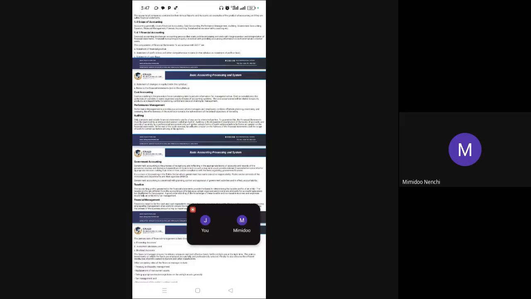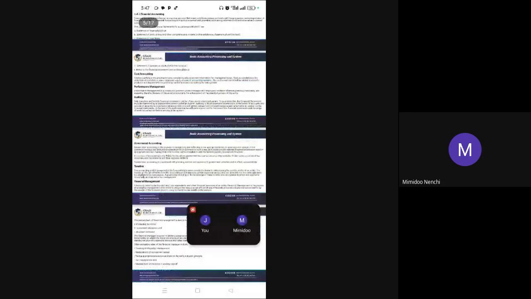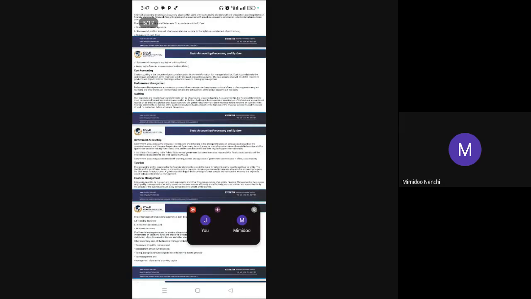Yes. Okay. Now, in such a way as to easily provide relevant financial information vital for appropriate decision making from time to time and in compliance with laws regulating government finances.